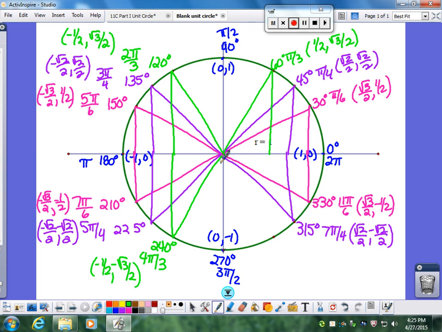Final angle, 60-degree reference angle. We're at 4, 4, 5. 5 times 60 is 300, or 5 pi over 3. And here again, we're positive, negative. So 1/2, negative square root of 3 over 2.